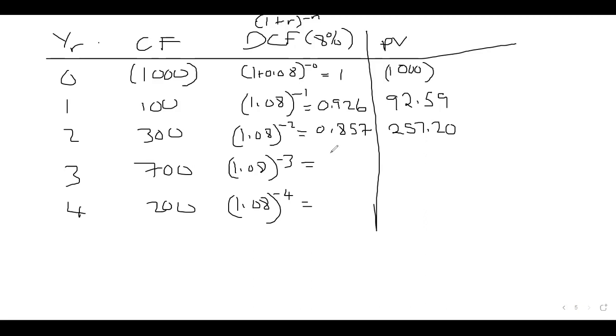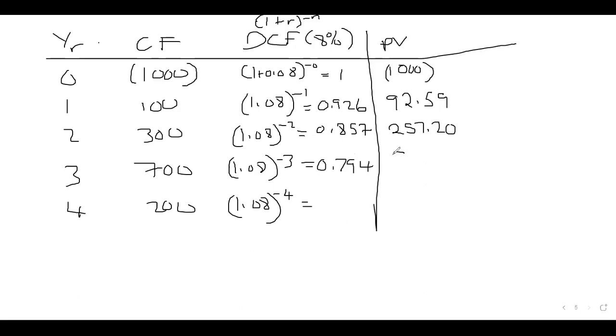And this 700, how much is it worth today? Instead of getting it after 3 years, so we calculate the discount factor. So discount factor, or who can help me? 1.08 power negative 3 is 0.794 times 700.